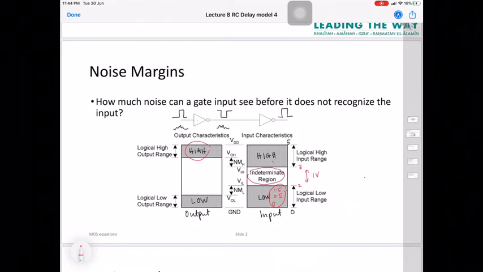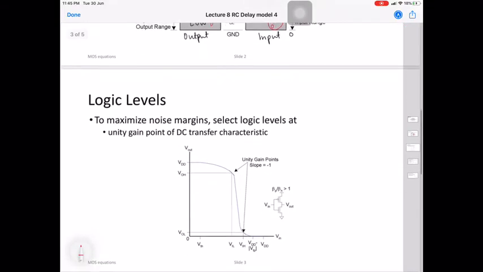In the same way, any input between 3 to 5, so 3, 3.5, 4.5, produces a low output of 0. So the idea is we want to maximize the noise margin at the input so that it will produce a very distinct output.